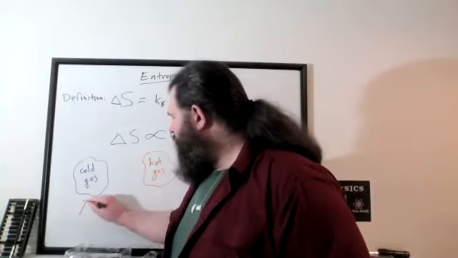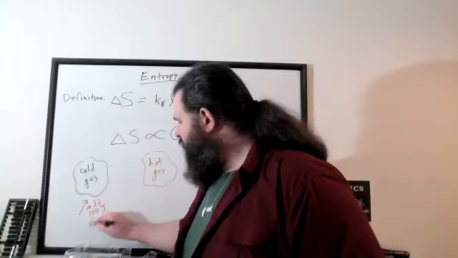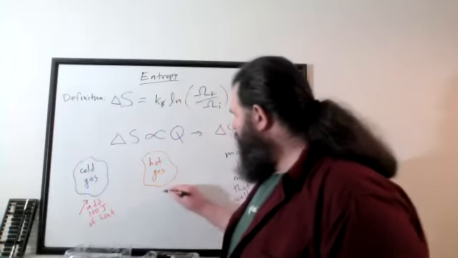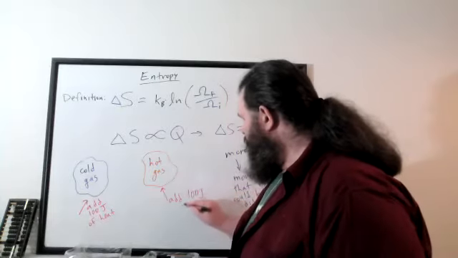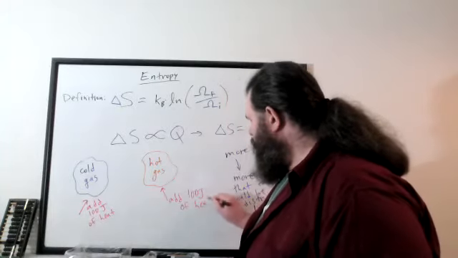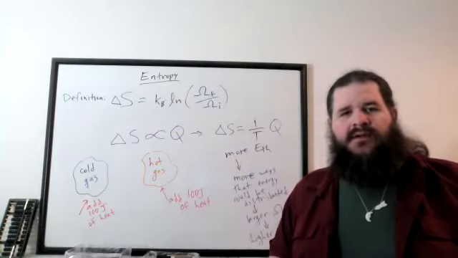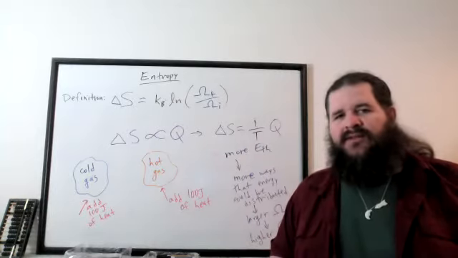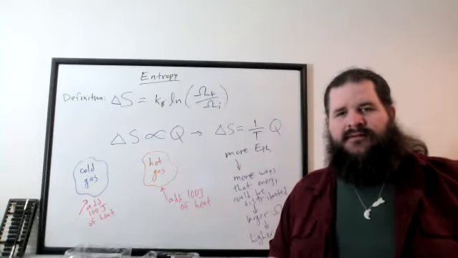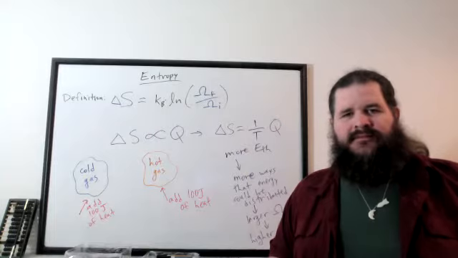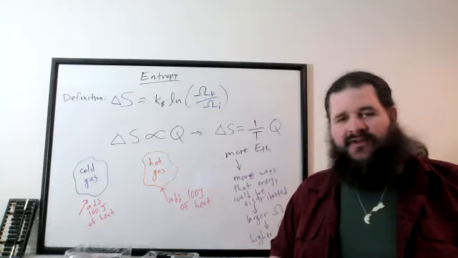So let's say we add 100 joules of heat to the cold gas, and we also add 100 joules of heat to the hot gas. It's the same amount of heat, but why would we expect these to be different changes in entropy? Why would the same amount of heat lead to different changes in entropy just because the gases are at different temperatures?